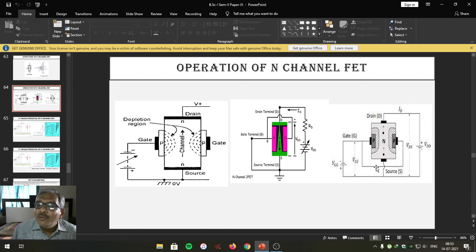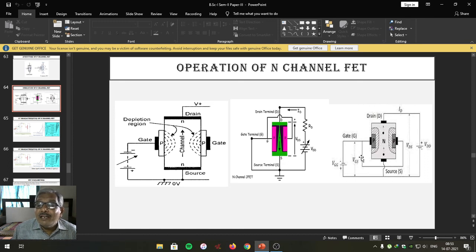That's why out of the liberated source charge carriers, not all reach the drain, few will reach, and this will reduce the drain current. If you go on increasing gate to source voltage, there is a further increase in width of the depletion layer between P and N on both the sides, and this will reduce the channel width so as to reduce the drain current again.